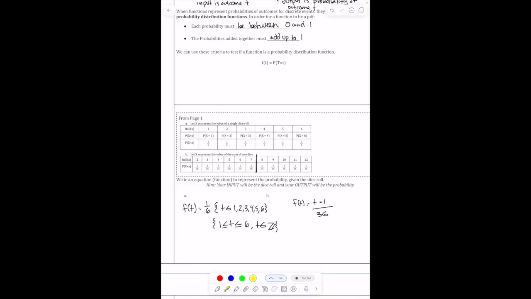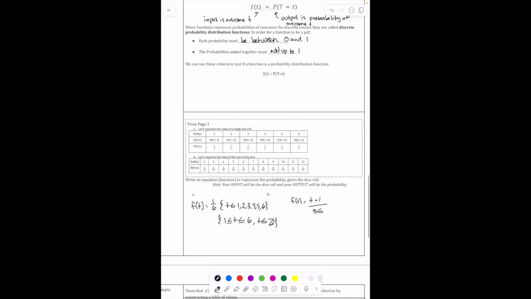And so one thing we can do is specify that this part of the function works for our t values from 2 to 7. So we can say from 2 to 7, and integers between 2 and 7, this function works, but we'll need a separate function for the rest of the numbers.